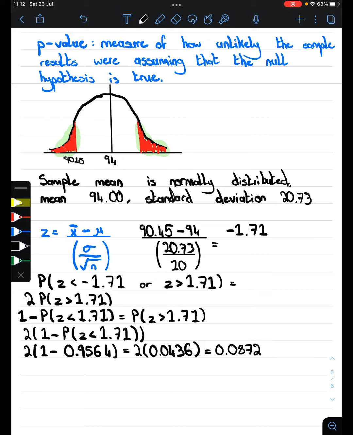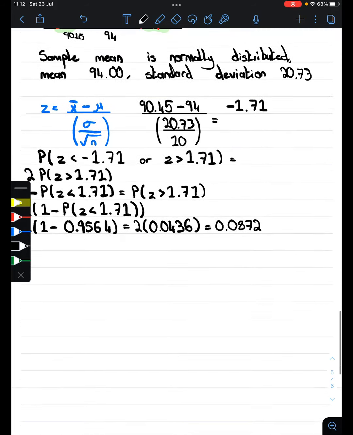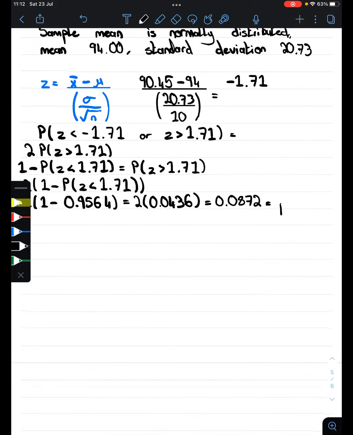Okay? So this is the p-value, 0.0872. Equals our p-value.